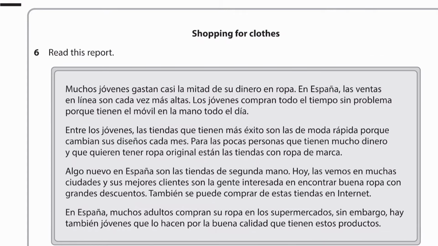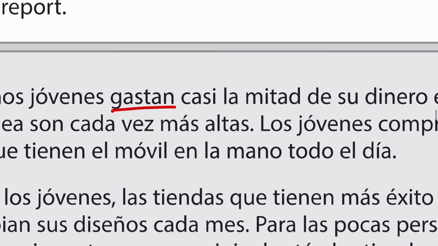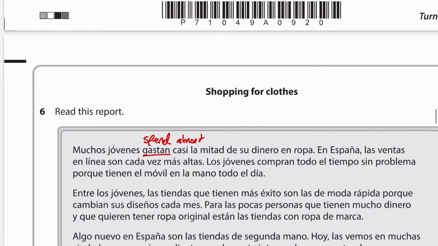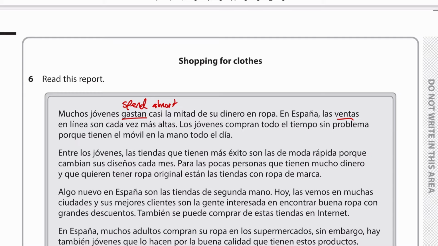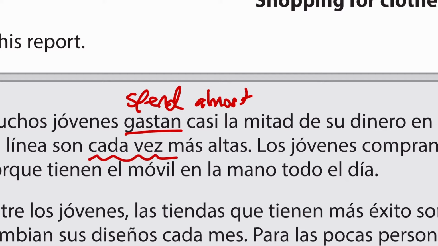So, muchos jóvenes gastan, they spend almost half of their money on clothes. Okay, fair enough, that's true. En España, las ventas, the sales, online sales, son cada vez más altas. This cada vez is always a tricky one.